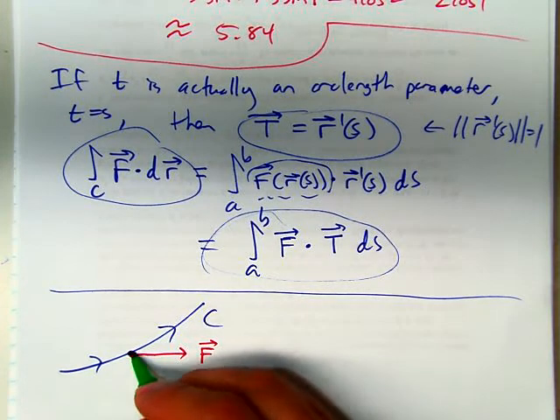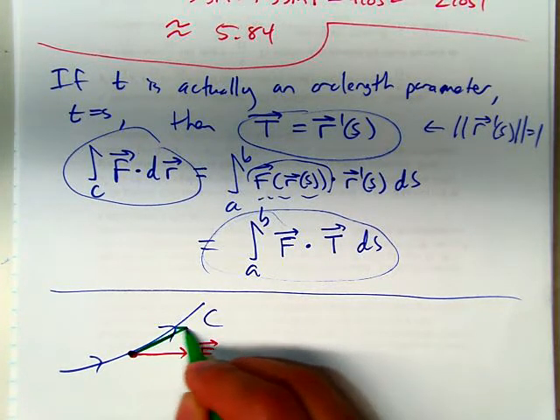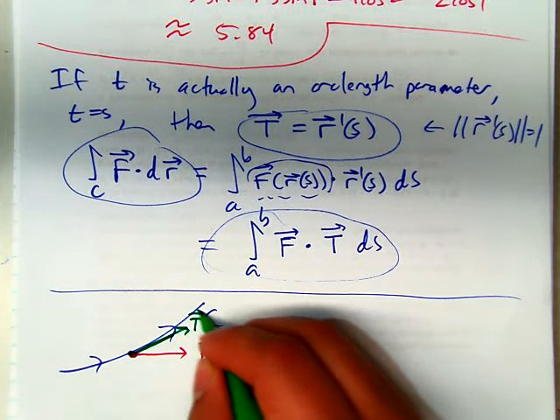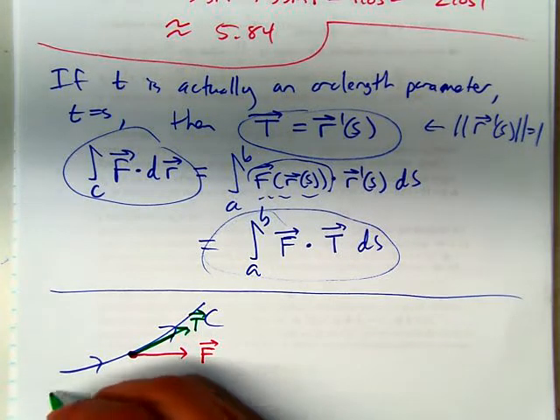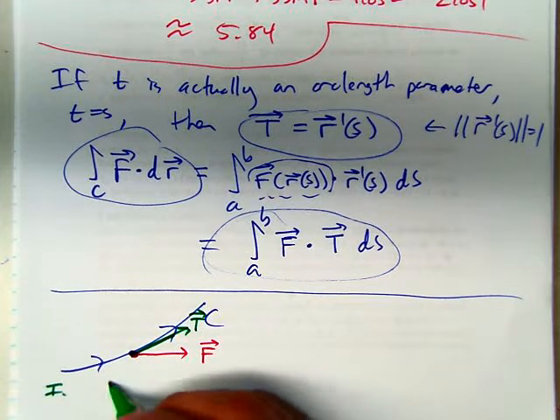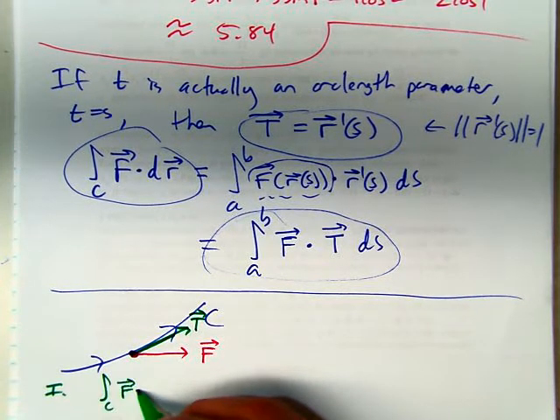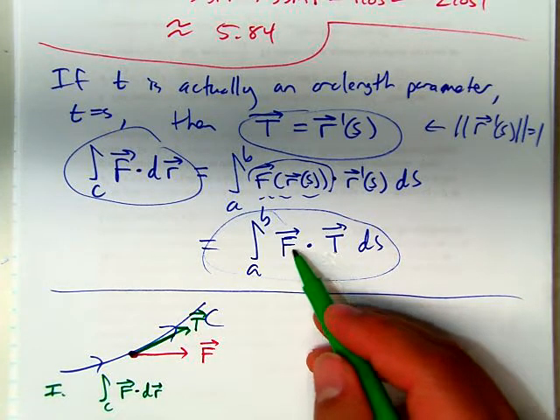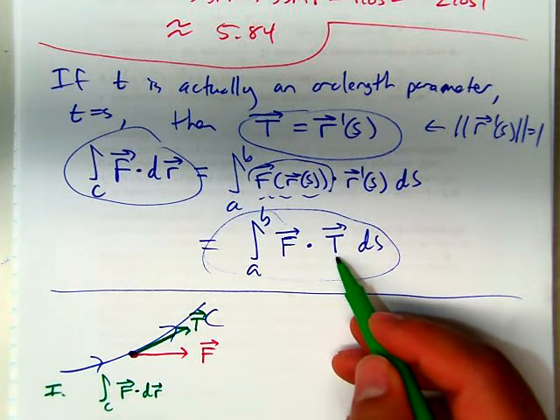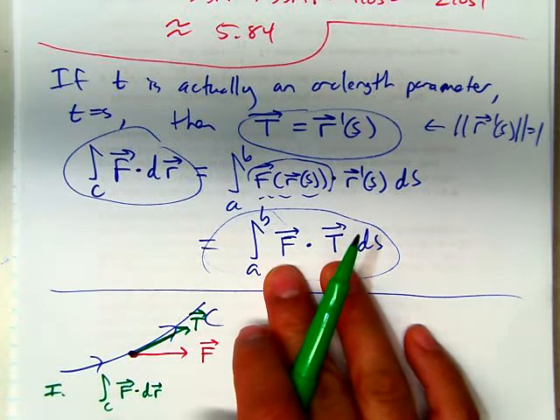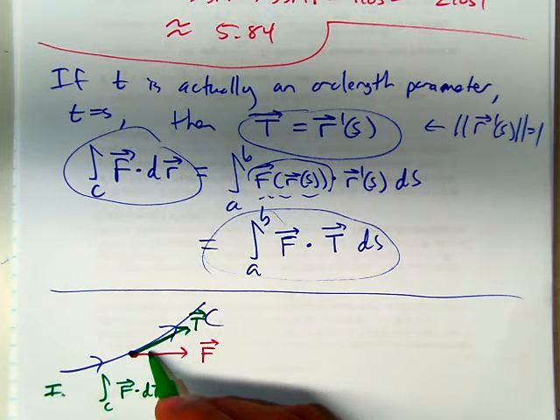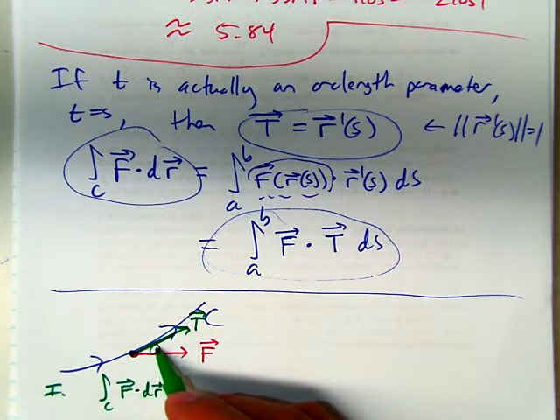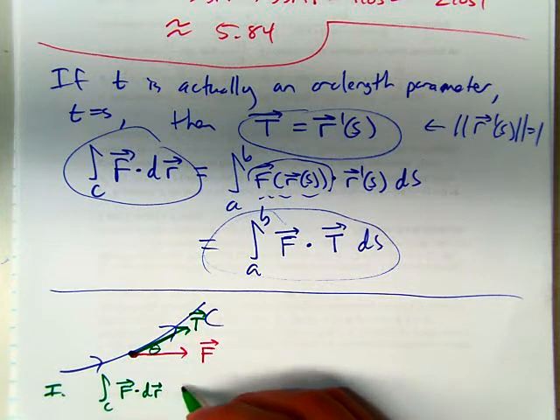And now here's the unit tangent vector. Okay, so this is one option. In this case, we say that the line integral of f dot dr, using the interpretation that we have f dot t ds, the dot product, if the angle between these two vectors is acute, is positive.